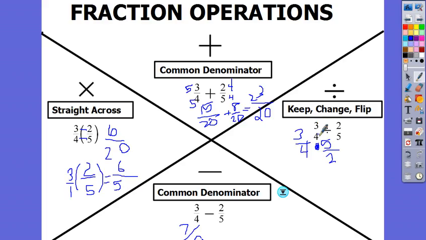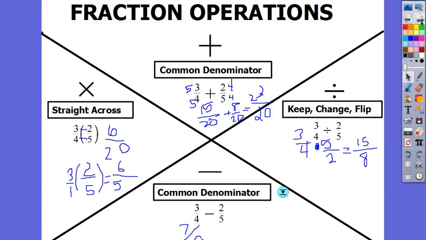So keep the first fraction the same, change to multiplication, and flip the second fraction. Then you simply multiply straight across, like we talked about over here for multiplication. 3 times 5 gives you 15, and 4 times 2 gives you 8. Again, check and see if you can reduce. 15 and 8 have no common factors, so it is fully reduced.